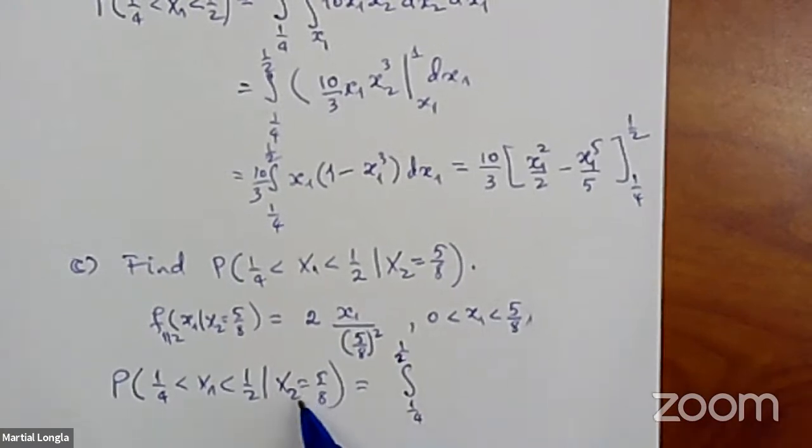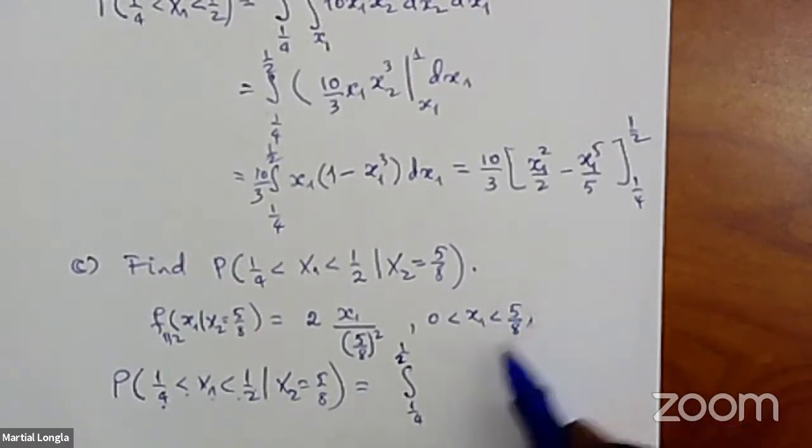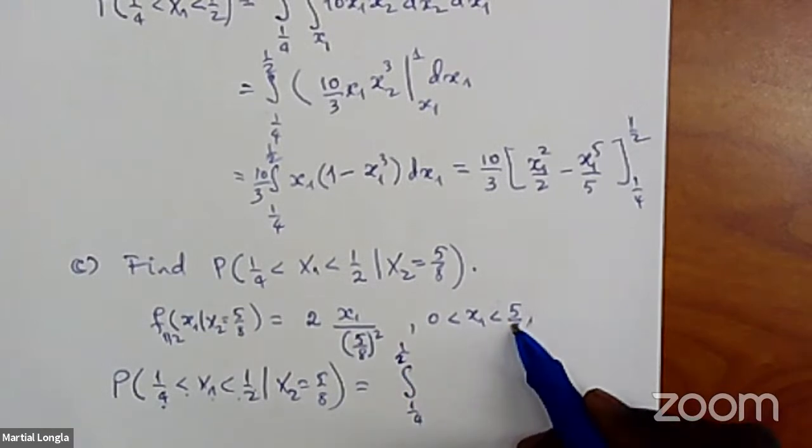If it was 1/4 less than x1 less than, let's say, 7/8, for example, it's still less than 1, but it's larger than this number. So my integral will have to stop at 5/8 if the upper bound is larger than 5/8.